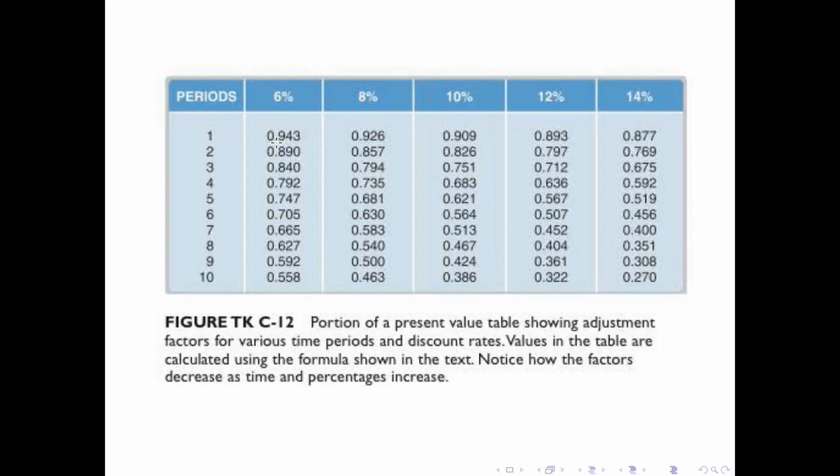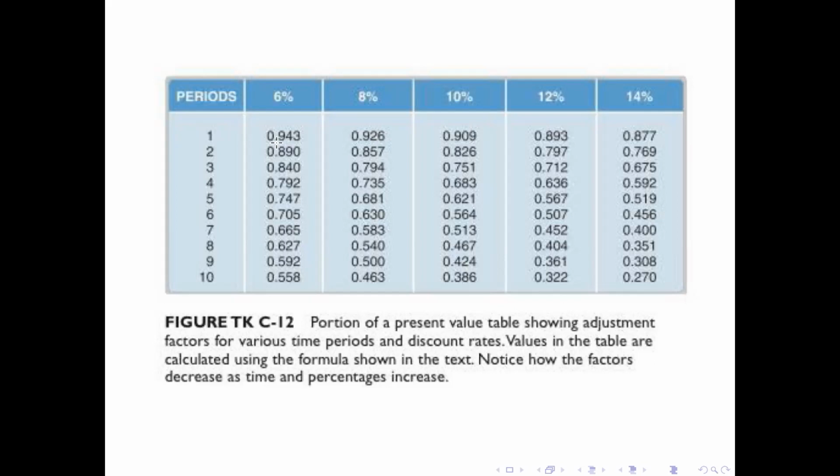Now, for example, what it means is, if you want to have $1 a year from now with a 6% interest rate, what you need today is 0.943. You got my point?